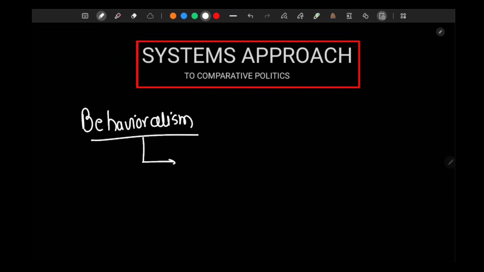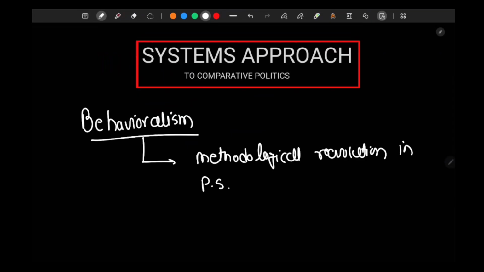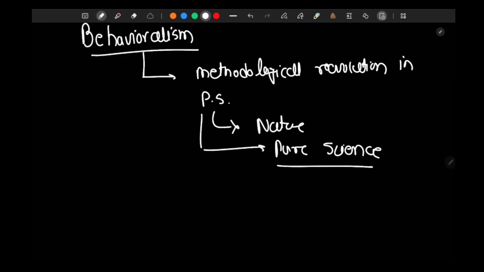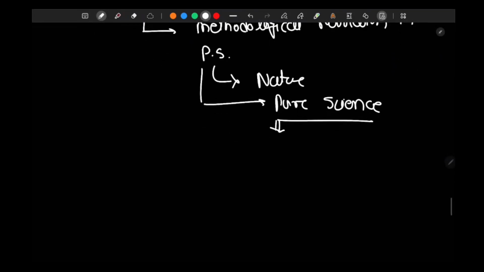What is behavioralism? It is a methodological revolution in political science. It wants to make political science a natural science, a pure science. And what are some elements of pure science?